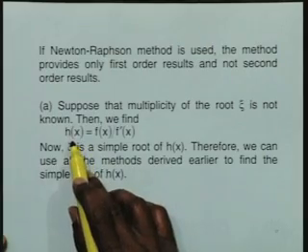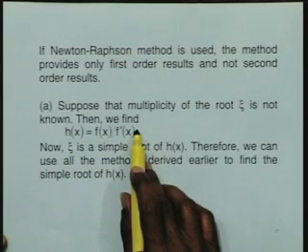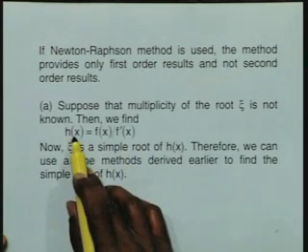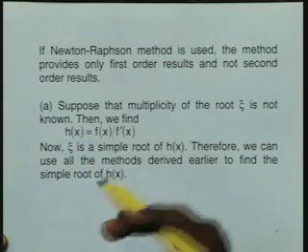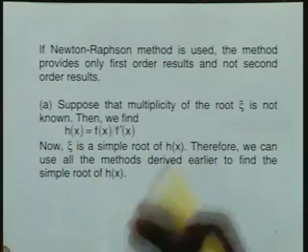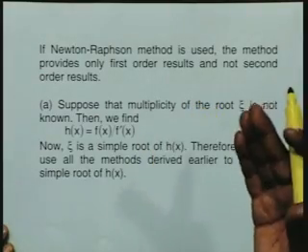Therefore, we have shown that if I construct a new function h x equal to f x upon f dash x, then h x will have a simple root at x equal to xi. Say f x has a root of multiplicity 4, its derivative will have a root of multiplicity 3. Therefore, their ratio will have a root of multiplicity 1, that means a simple root.